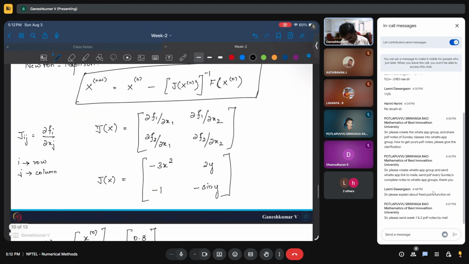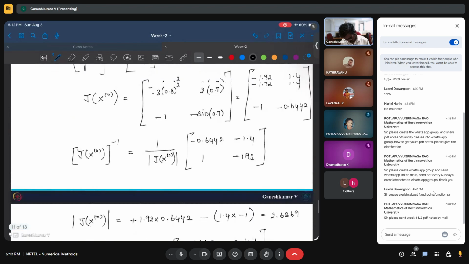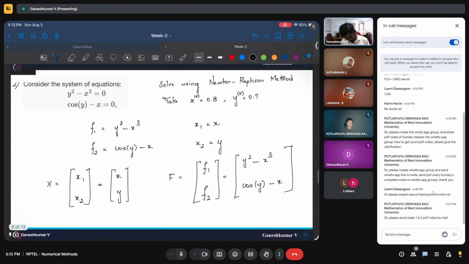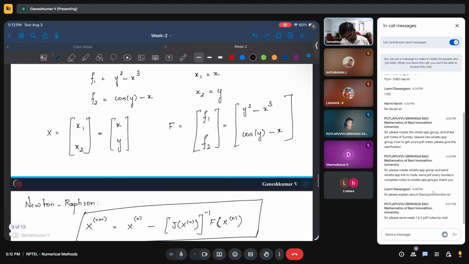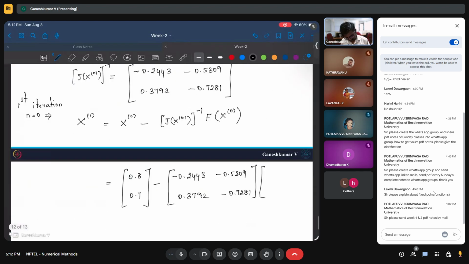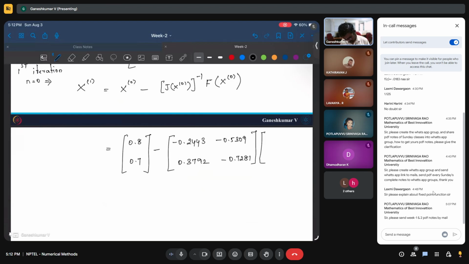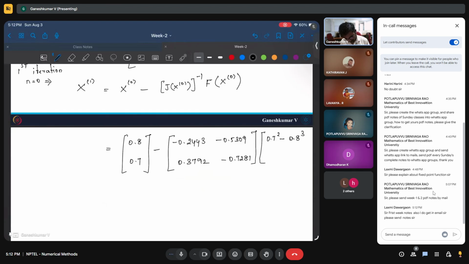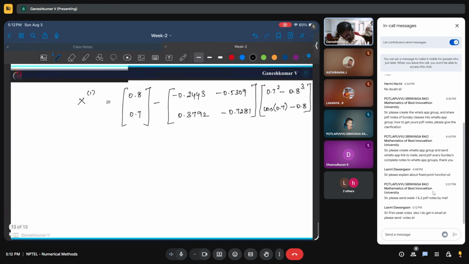What is the function? Where is the function? Y square minus x cube and cos y minus x. So y square is, what is y? Y square minus x cube, 0.8 cube, and cos of y minus x, 0.8. Okay, now you perform this thing.